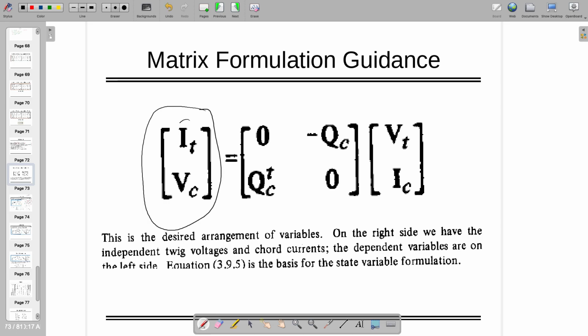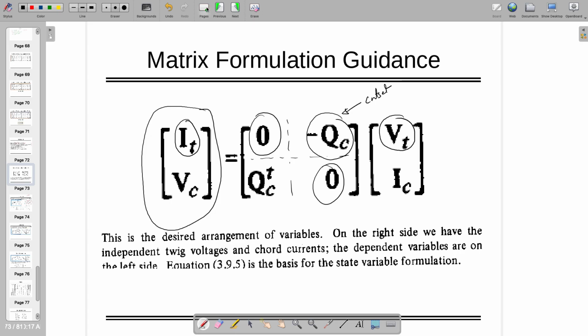One will be current, and the other will be the transpose, voltage, and these two are VC and IC. When you are writing this, these two will be 0. This side is minus QC, this minus QC is nothing but whatever is coming from the cut set. You have to keep that one here.